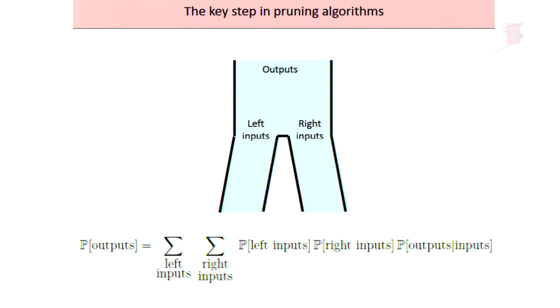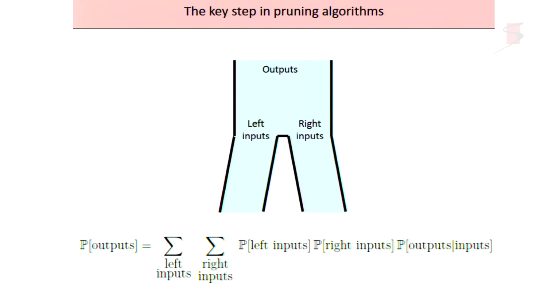So if we think about pruning algorithms in problems that involve coalescent and species trees, they have a structure where if you look at each place where two branches join going back in time to an ancestral branch, there's some output on the ancestral branch.